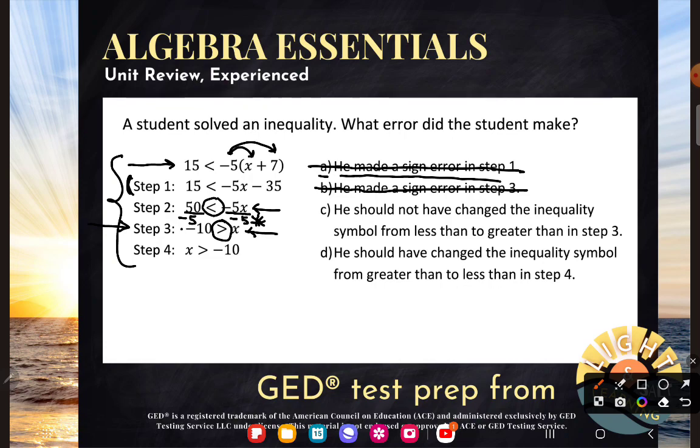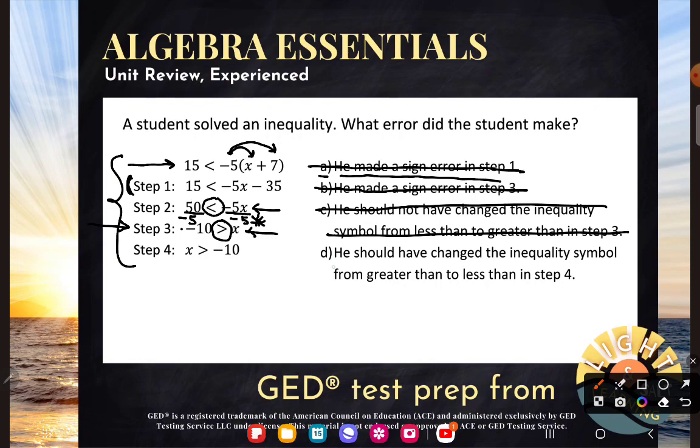One of them is when you multiply or divide by a negative number. Well, he divided both sides by a negative number. He did what we call negating the inequality, changing the sign on both sides. And so this is a correct action he did. He did right to flip the inequality symbol. So it better be D, huh?